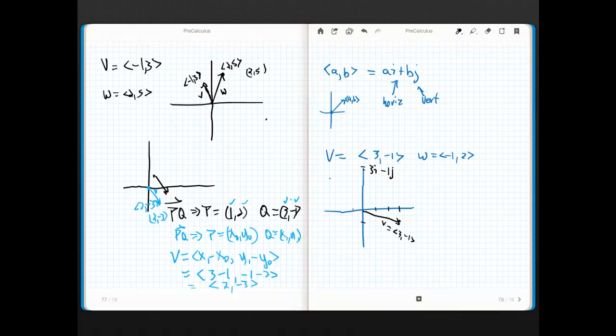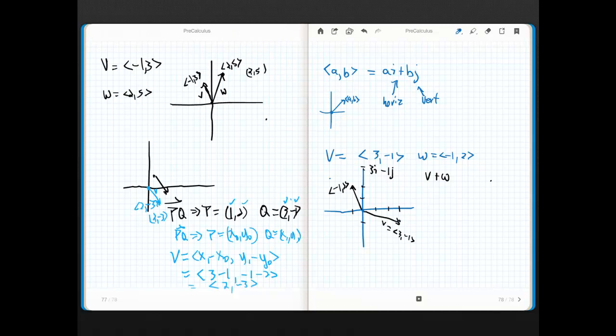And then if I go over negative 1 and up 2, that gets me right here, right? So this guy right here is negative 1 comma 2. Now if I want to add these guys, if I want to do v plus w, well, how's that work? Remember? I'm going to change my color here. I take this point right here. Remember, I take the tail of the second, attach it to the head of the first, right?